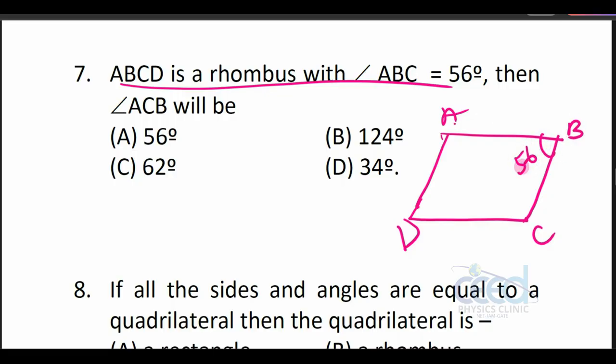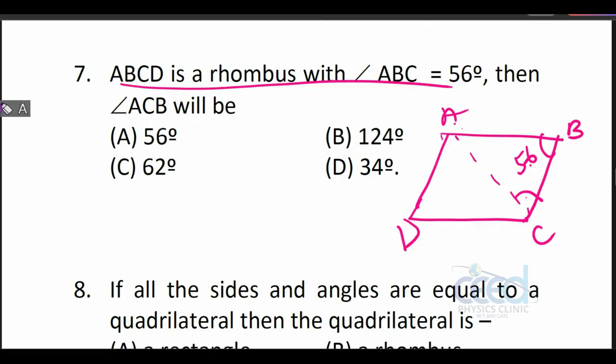Then we need angle ACB, this angle, right? This is 56, so what about this angle? We need the ACP value only.